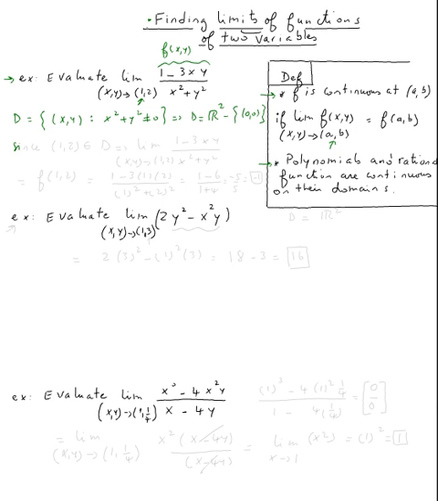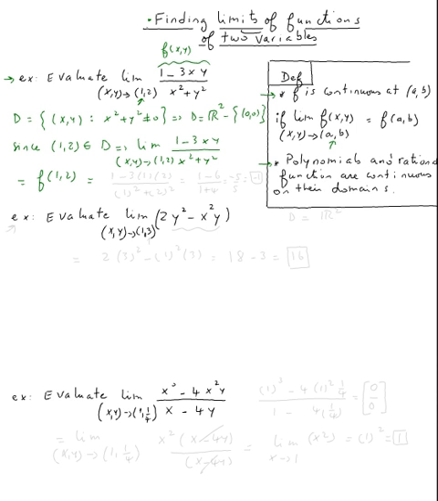So since (1, 2) is in the domain, therefore, all we need to do is, the limit of (1 minus 3xy) over (x squared plus y squared) as (x, y) approaches (1, 2) will be equal to f(1, 2). What does that mean?